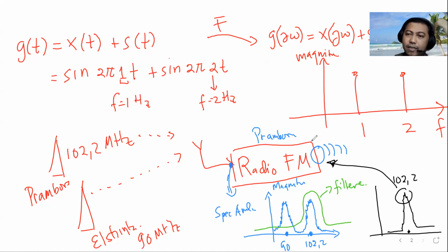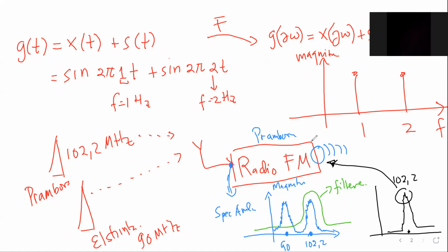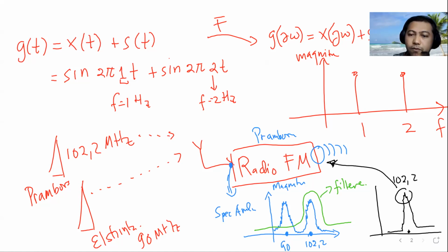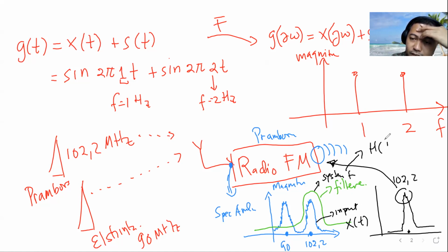Okay, can you imagine how the system works? Maybe once more: if you consider this an input signal, and the filter is the system function, if the input is x(t) and the system is represented by h(t), something like this.